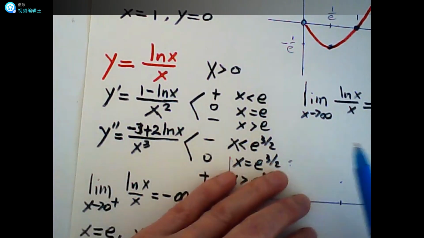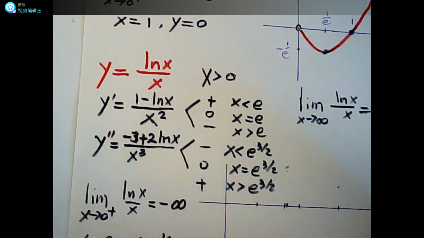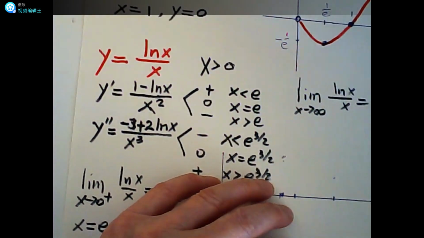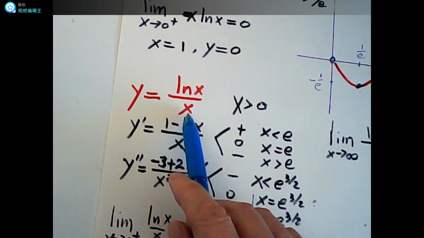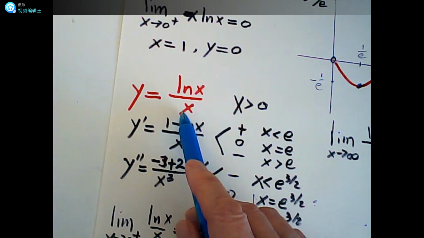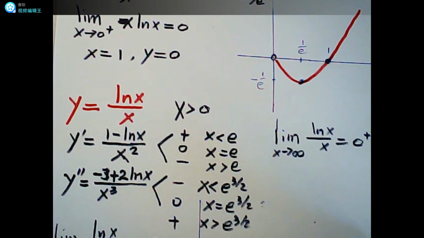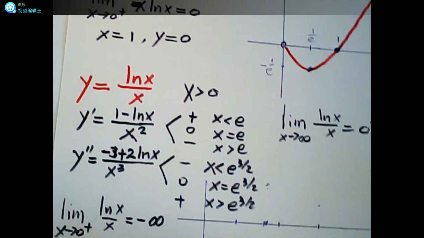Then take the limit as x approaches infinity. This one approaches 0, so this is the asymptote, from above.